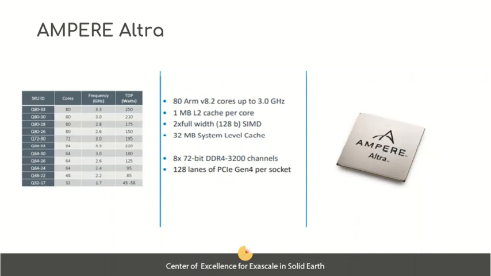The A64FX from Fujitsu is more HPC oriented, whereas the AMPERE Altra and AWS Graviton 2 are more server oriented, but this processor gives very interesting results also for HPC.